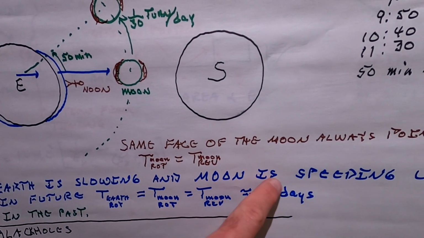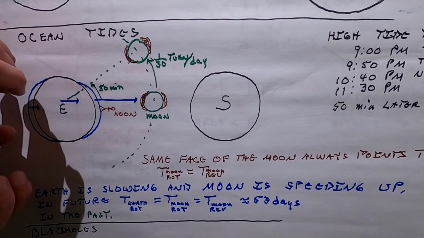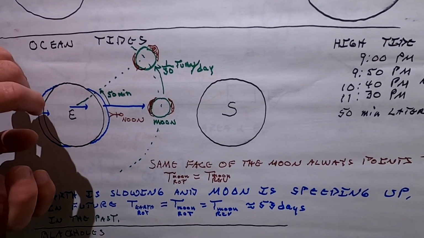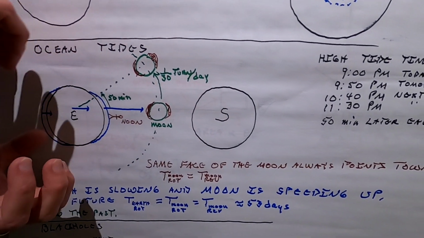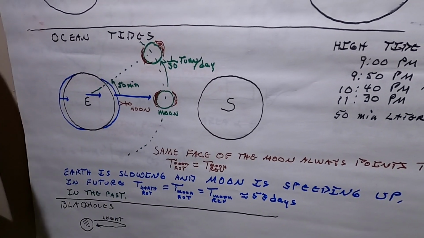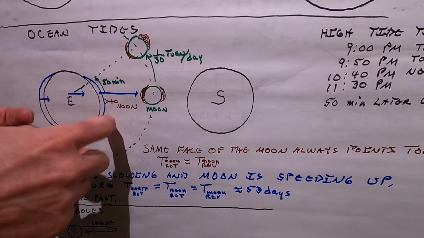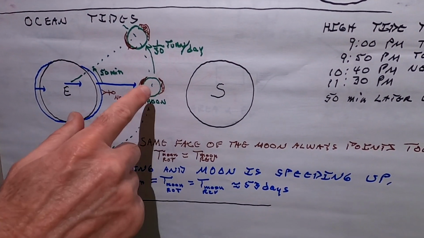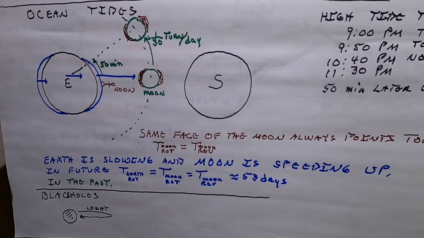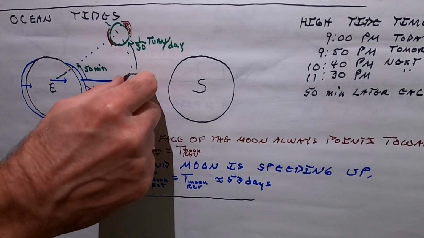The only thing is, if we're losing angular momentum, someone else has to pick it up because you can't destroy angular momentum. As it's trying to put the brakes on us, trying to pull us back, we're pushing the moon faster. So the moon is going around, picking up speed as we're slowing down right here. As the moon picks up speed, it gets a little bit further away from us, which means it's going to get a little bit smaller in the sky.